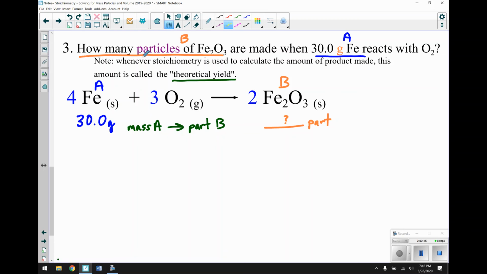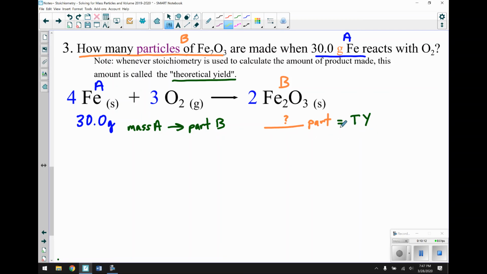So in this problem, I could have said, what is the theoretical yield of Fe2O3 in particles when 30 grams of iron reacts? Or I could say, how many particles of Fe2O3? Either way, whenever you calculate the amount of product using stoichiometry, for product we always think of yield, like yielding crops, we're yielding product.